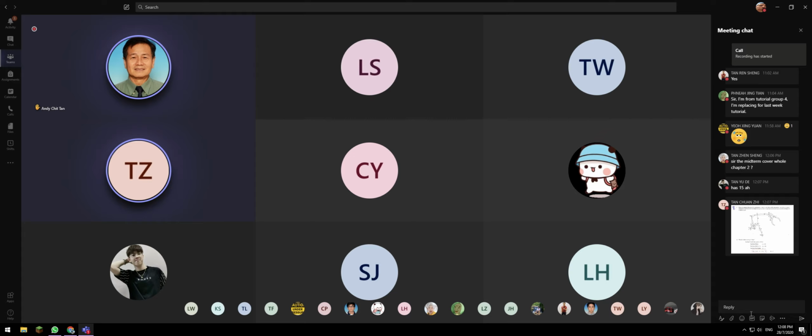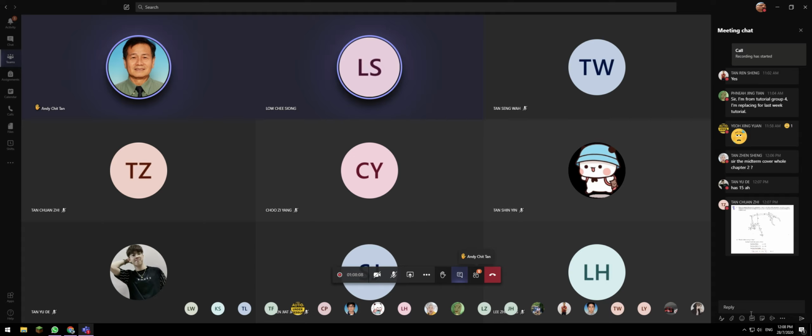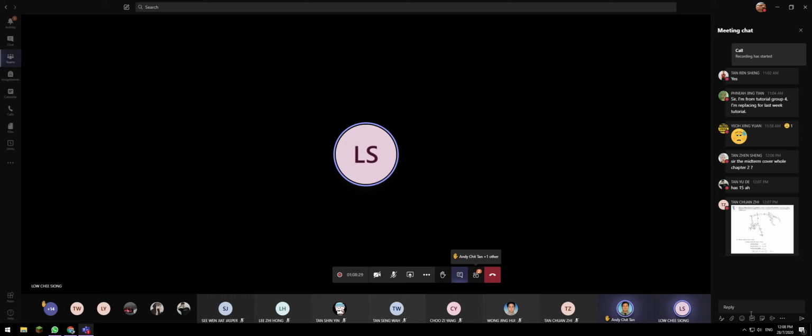Someone already inserted it at the chat box. Okay, can someone load the solution, then I can explain? What do you mean load the solution? Can you upload on the screen, because I have to go to my file. You mean share the screen? Yeah, can someone share the screen? Okay, I will share the screen. Yeah, you share the screen now, I'll explain to you.